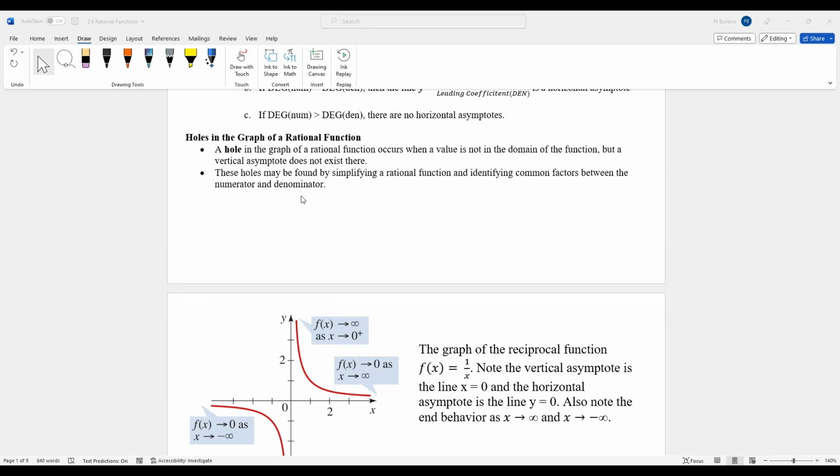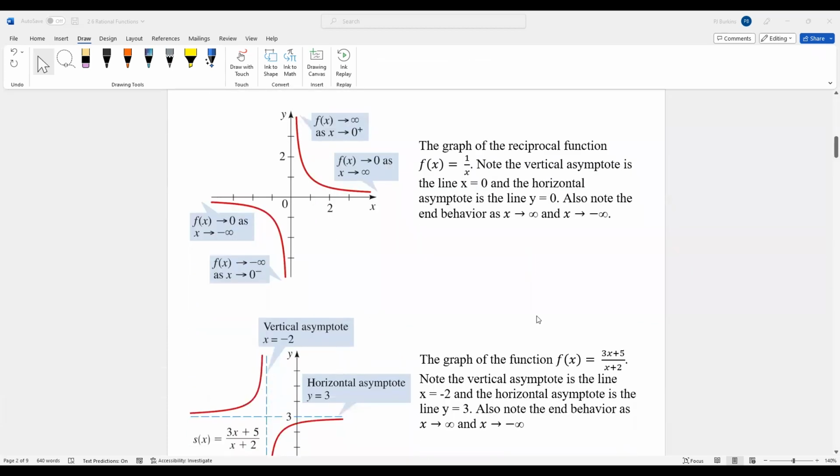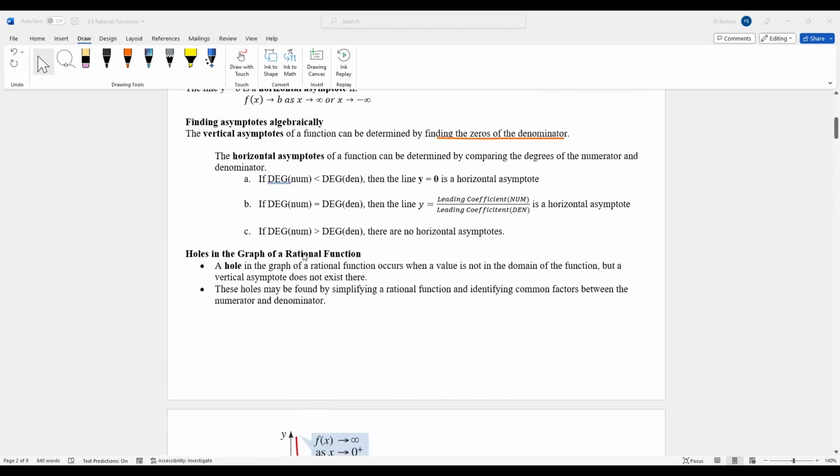So again, all of these definitions might be a little hard to grasp. We really have to get in and look at the problems. So let's just look at these examples here for these graphs, and then we can actually go ahead and try some. To begin, we have this graph here. This graph is the function 1 over x. Let's go back and look at our rules really quick.